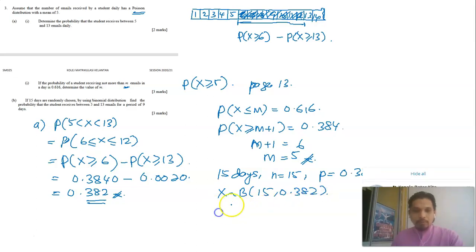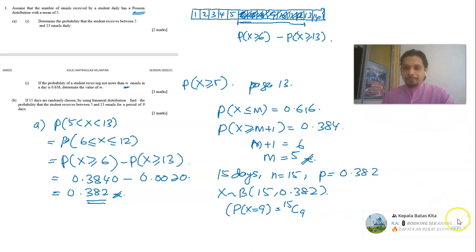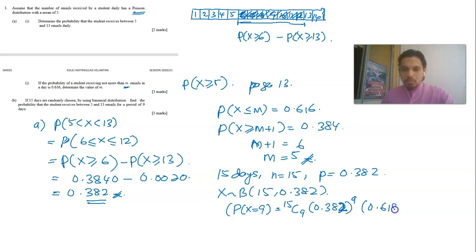and probability of X for a period of 9 days equals 15C9, 0.382 to the power of 9, and 0.618 to the power of 6.